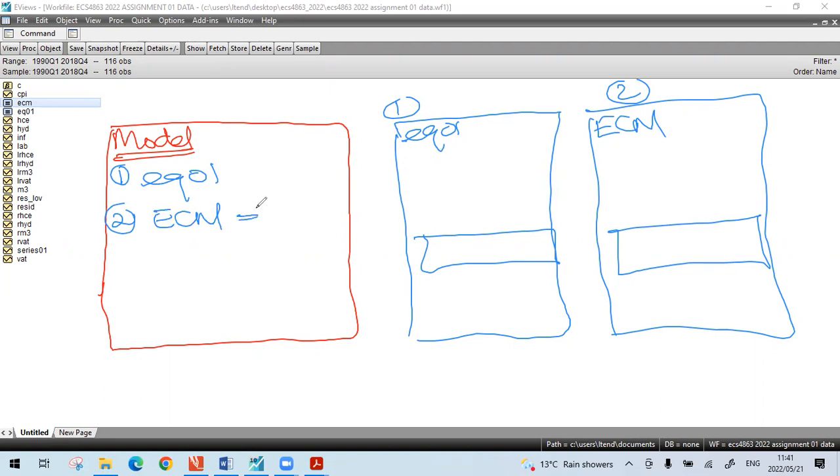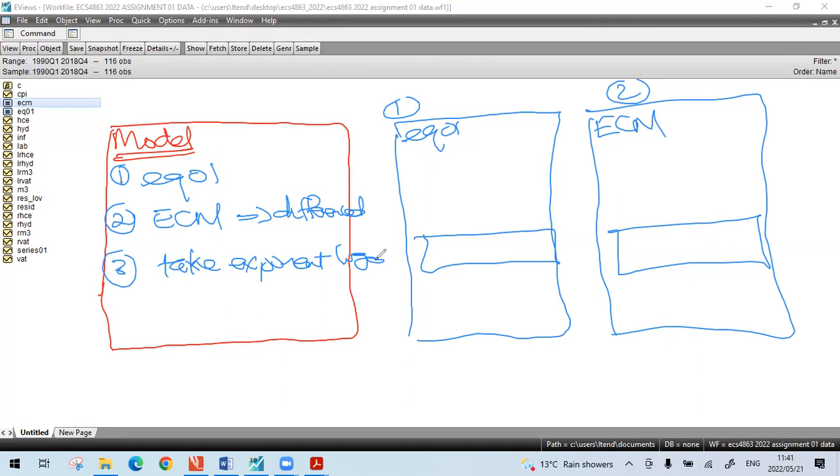But we know that in the ECM the variables are differenced. So lastly, I need to remove the differences. How do you remove the difference? You need to take the exponent of the logged one. After removing the difference, take the exponent of the logged one. That's what we want to do, and we are done.